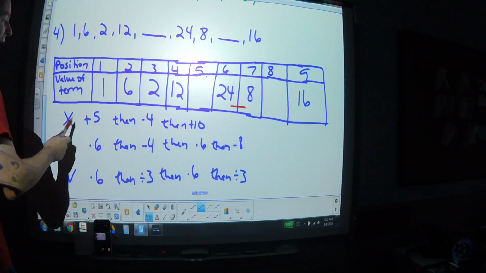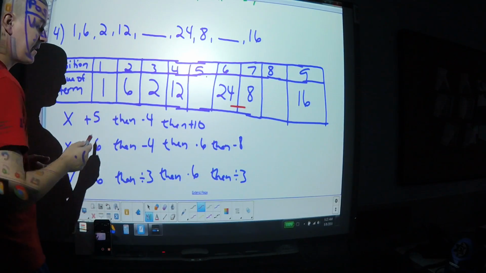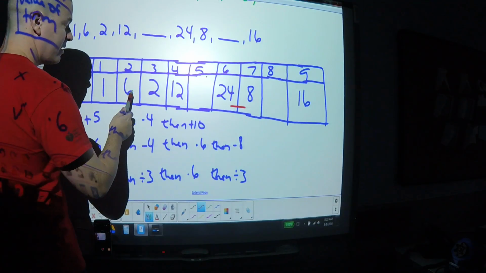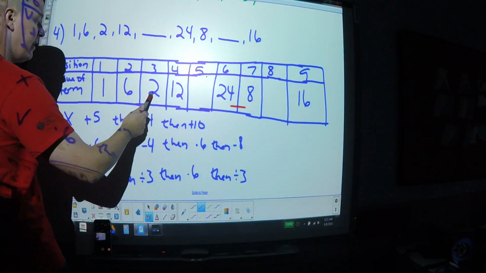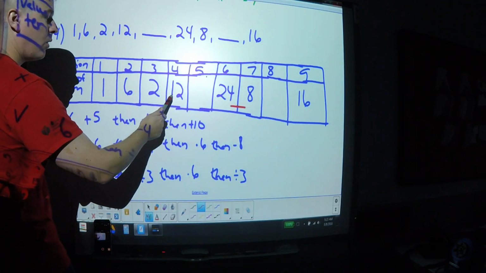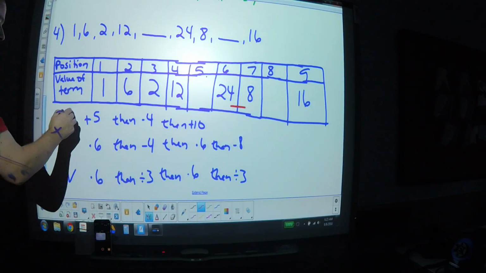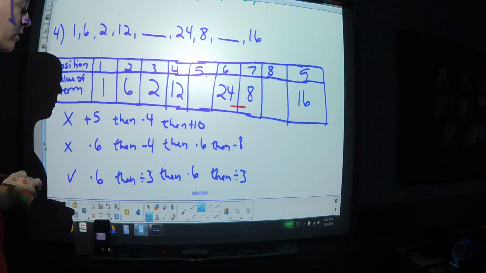So we're going to start out by adding. If I add 5 to 1, I get 6. Then let's try subtraction. If I subtract 4, I'm going to get 2. So then once again, I would need to add 5. Well, if I add 5 to 2, that does not give me 12. So that does not work. Adding 5 then subtracting 4 does not work.